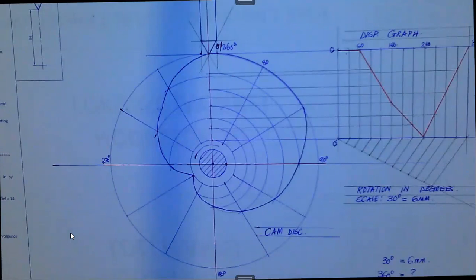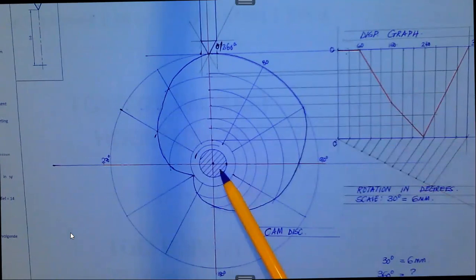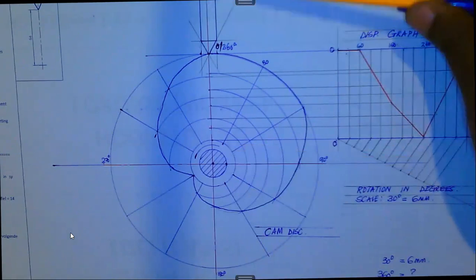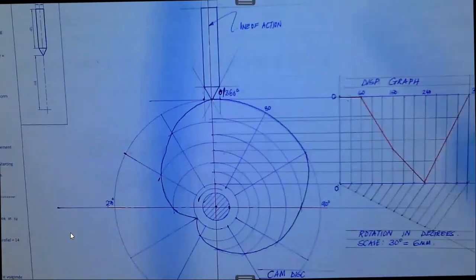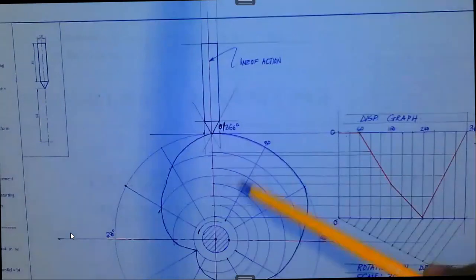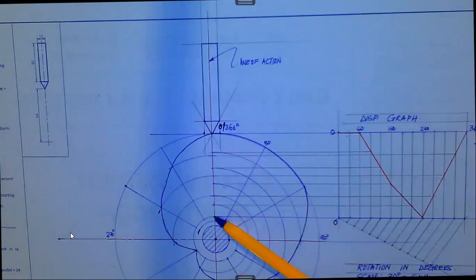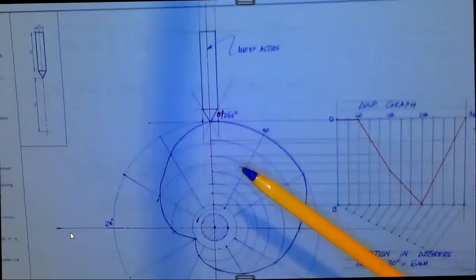So now, as this thing is rotating about the camshaft, you'd find that it would force this follower to move up and down. At some point, when it is here, the follower will be right there. Remember, the follower does not change its position in terms of here.